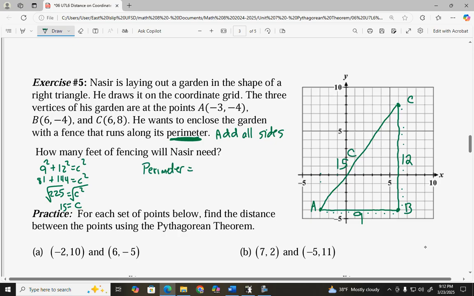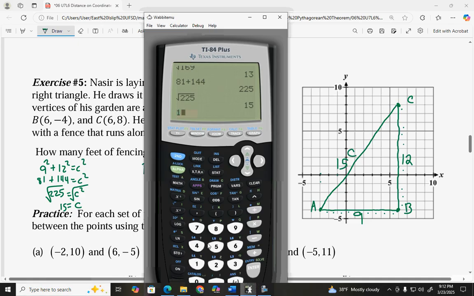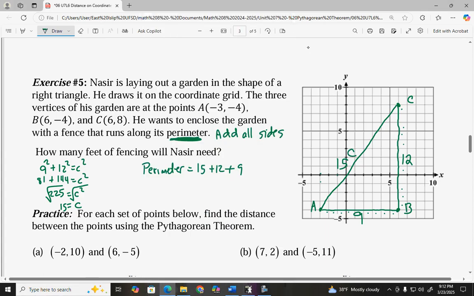The perimeter will be 15 plus 12 plus 9. 15 plus 12 plus 9 is 36. It's 36 units, I guess. Oh, how many feet? Okay, it's 36 feet. I guess each unit on this grid was a foot.